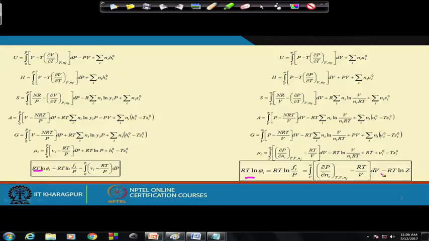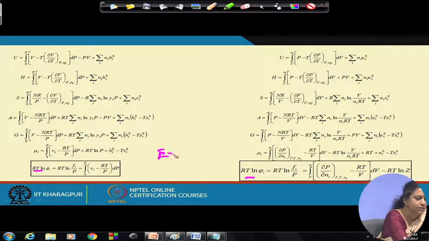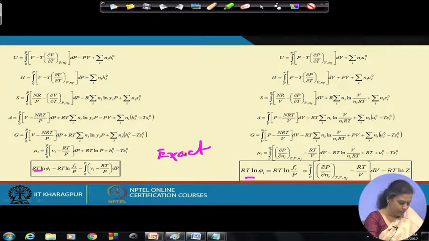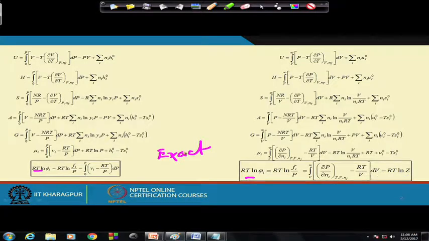Number 1. The equations have been written for pure component only. Number 2. And the most important thing which I would like to bring to your attention is that all the equations which I have mentioned here are exact equations. They have no simplifying assumptions, and they are not restricted to the vapor phase only.